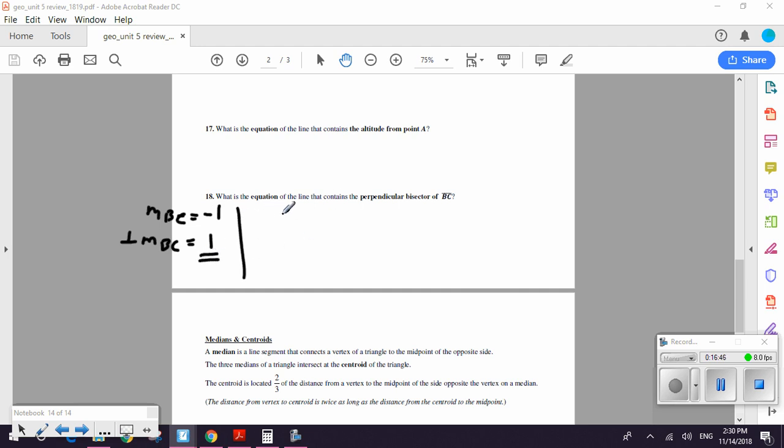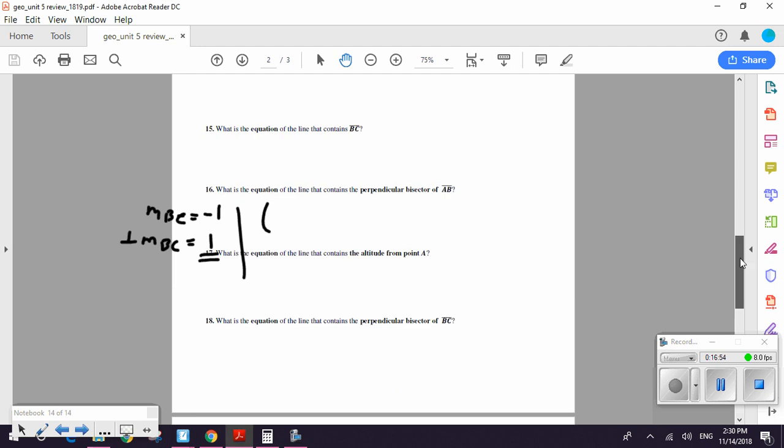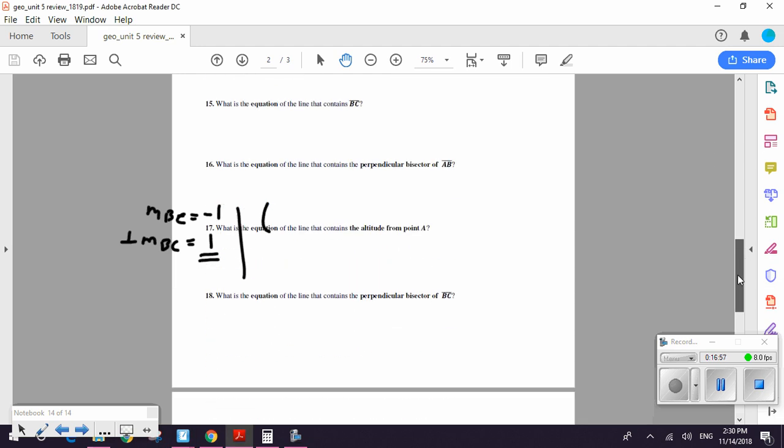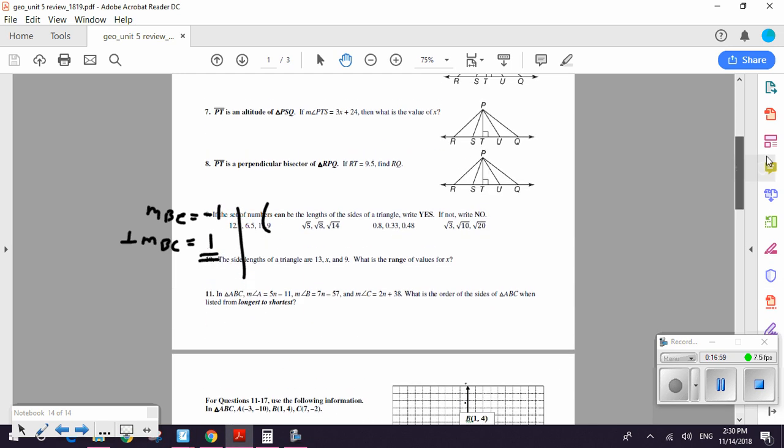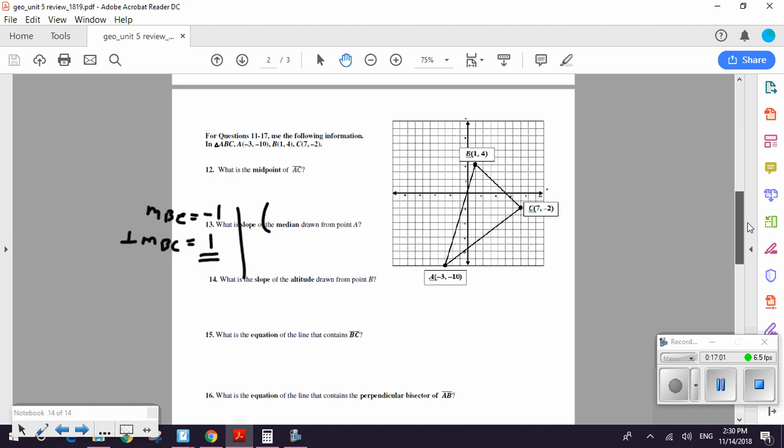Now we need to find the midpoint of BC because that's the point we're going to use. So the x's were 1 and 7, and the y's are 4 and -2.